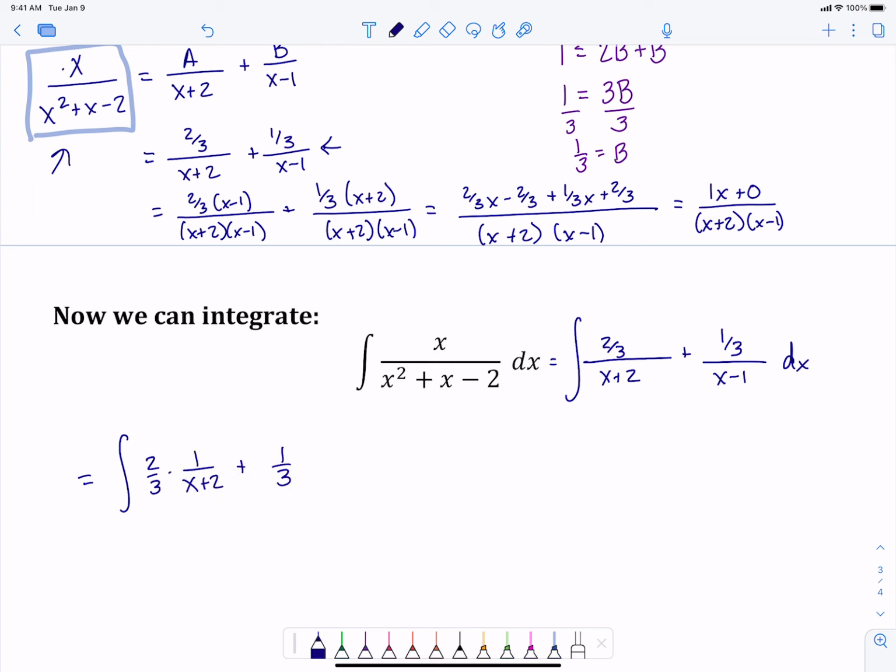That 2/3 that's up on the top, you can write out in front as a multiplication. Same with that 1/3. I don't want to multiply those through on my denominators though, because I want to treat those as coefficients. I want to bring that 2/3 outside of my integral, and that 1/3 outside of my integral.